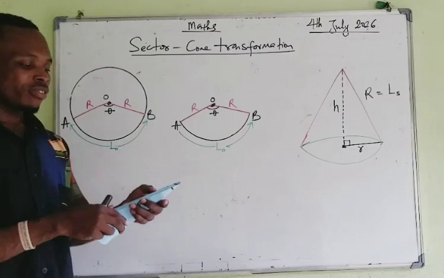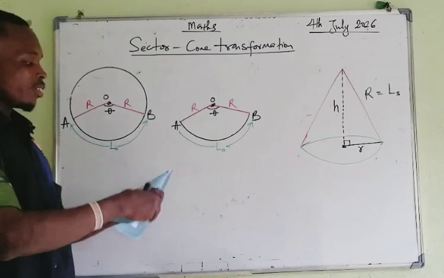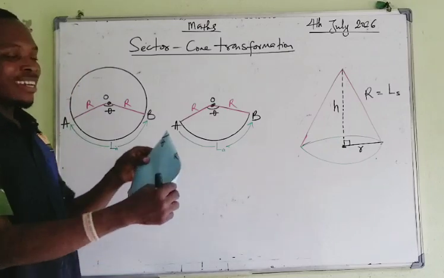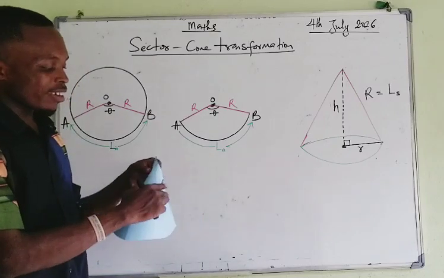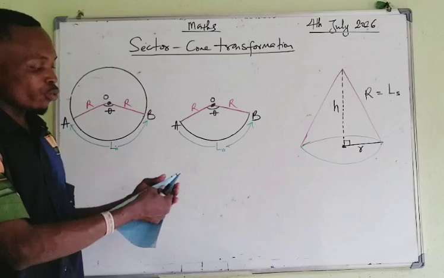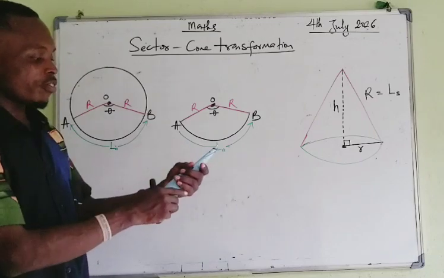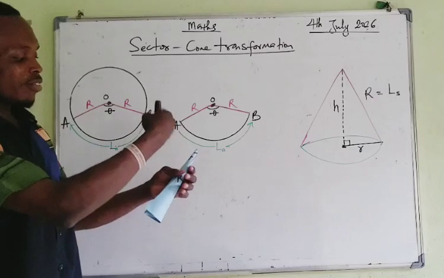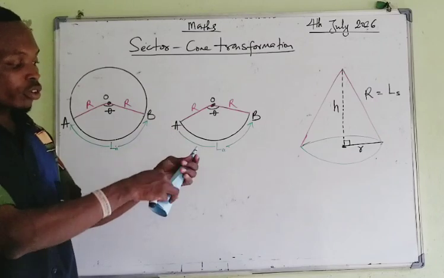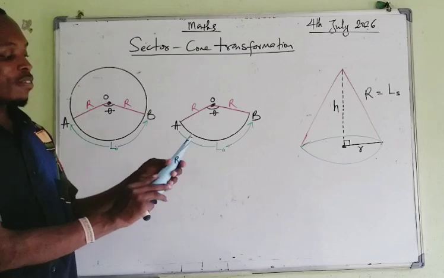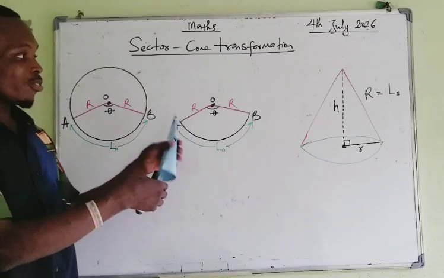Please don't be confused. For a cone, this portion is always called the slant height. If I have a sector of radius R and I fold this to form a cone, this portion on the side of the cone is still giving us the radius of the sector.